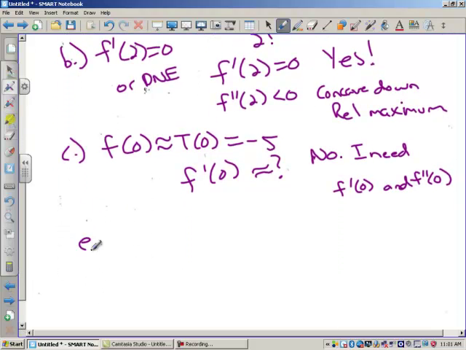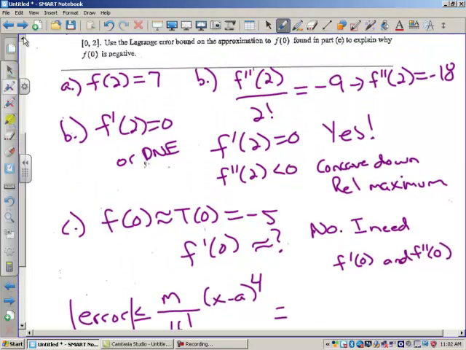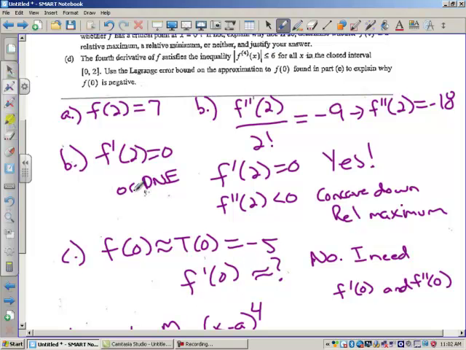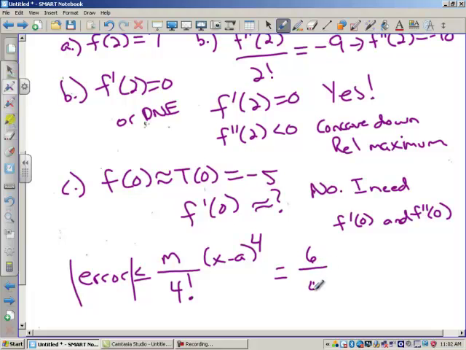Now, you should know that your error is less than or equal to the maximum value of the next derivative divided by 4 factorial, times x minus a to the fourth. That's our formula since we stopped at a third degree. This is our Lagrange error bound. Well, they just told me what that maximum was. The maximum value of the fourth derivative is 6. It never gets above 6. So that's going to be 6 over 4 factorial.